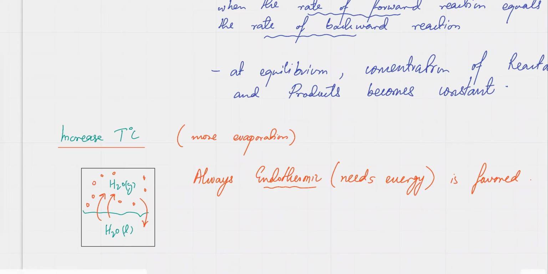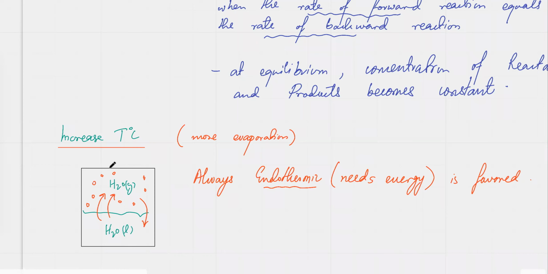That is, Hamza, it is already a dynamic equilibrium and all of a sudden I started increasing the temperature. The equilibrium disturb होगा क्योंकि evaporation would become faster. Hamza, is this clear? Was that clear?